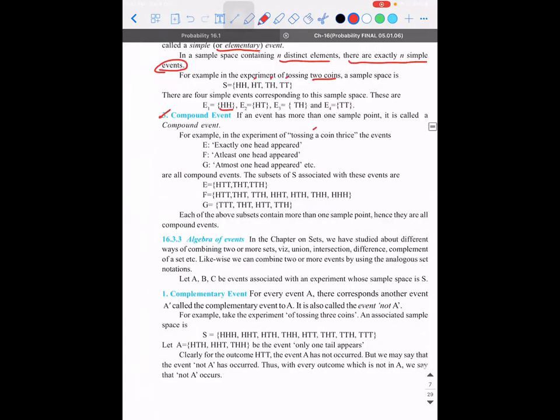For example, in the experiment of tossing 3 coins, event E is exactly one head appeared. So when you toss 3 coins, you will have 8 sample points, right? Head, tail, tail, tail, head, tail, tail, tail, head, and so on. So event E is exactly one head appears.